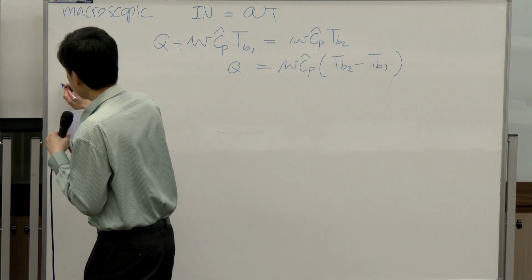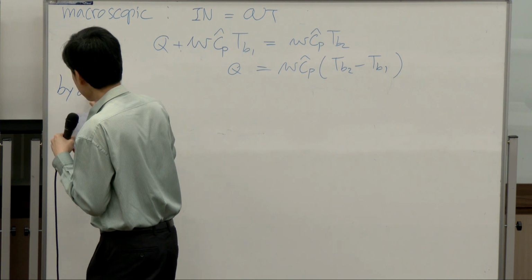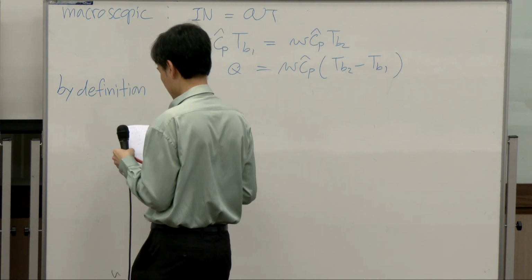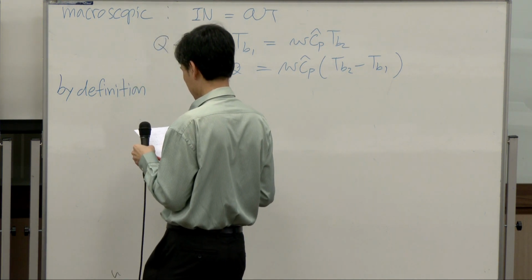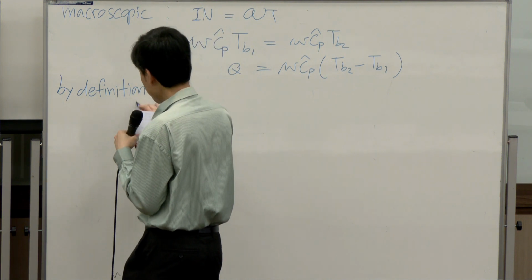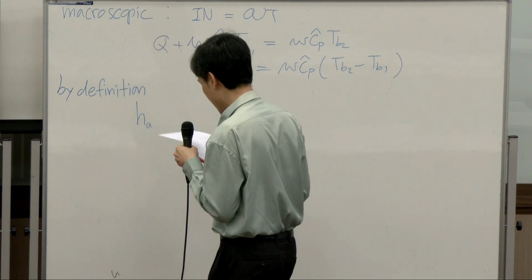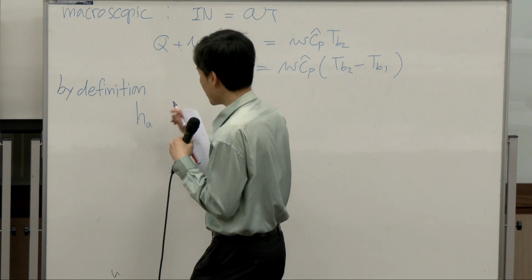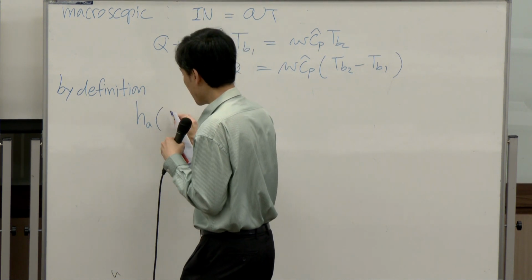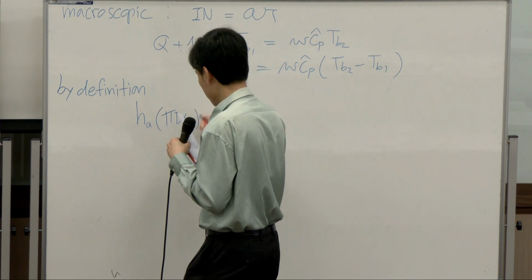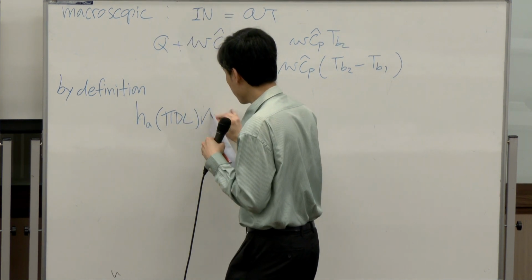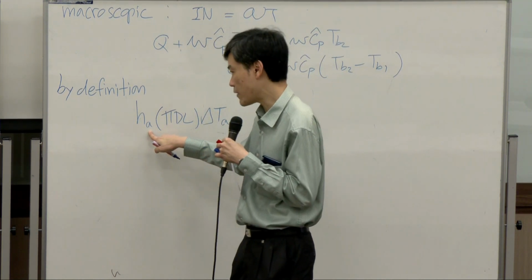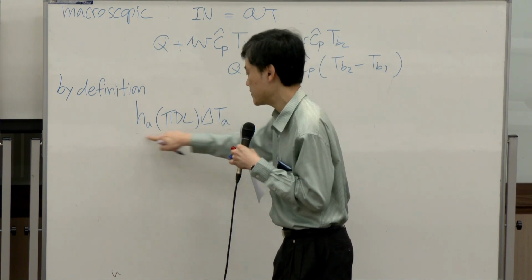So if I use, let's say by definition, let's say I use HA to make it a little bit understandable, Q would equal HA times A, which is the total heat transfer area, pi dL, times delta TA. Okay? So if I use the arithmetic mean heat transfer coefficient, I have to follow this equation.